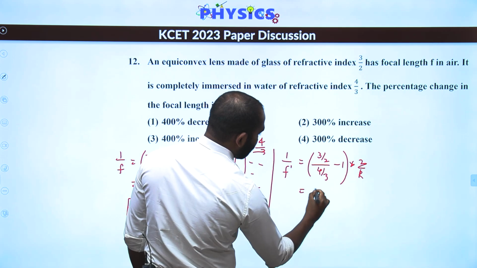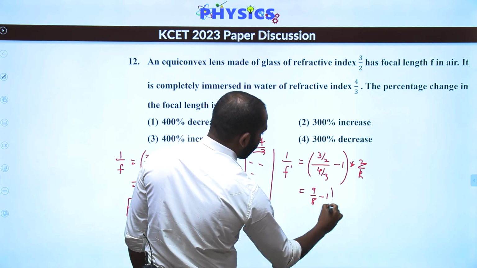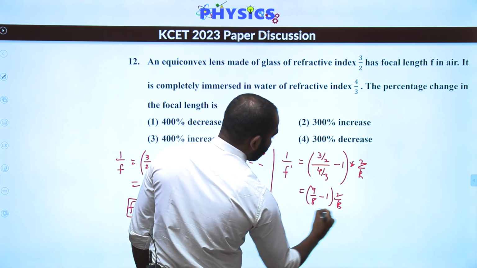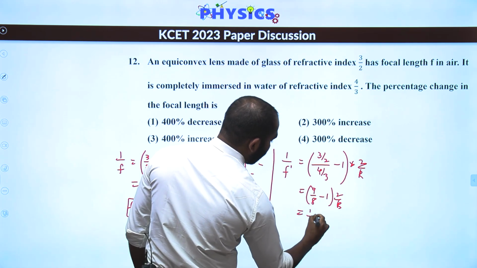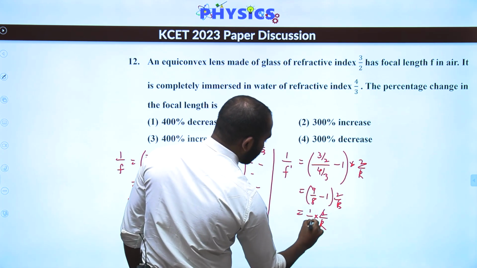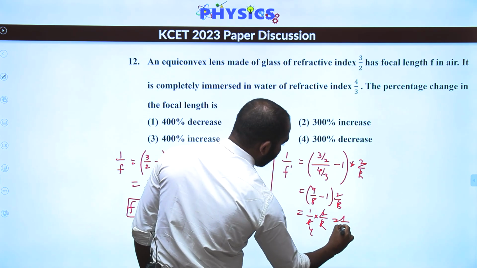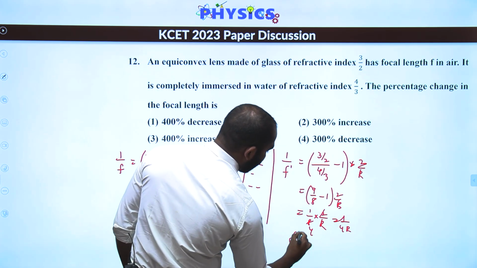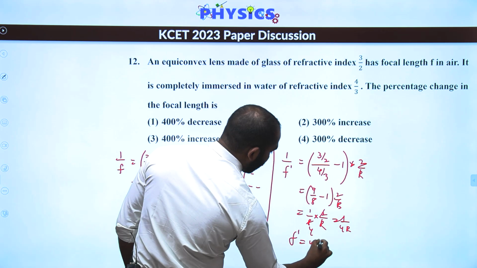So here you will get 9 by 8 minus 1 into 2 by r. So you will get 1 by 8 into 2 by r. So 2 ones are 2, 4s are... So this is going to be 1 by 4r. Therefore focal length f dash turns out to be 4r.